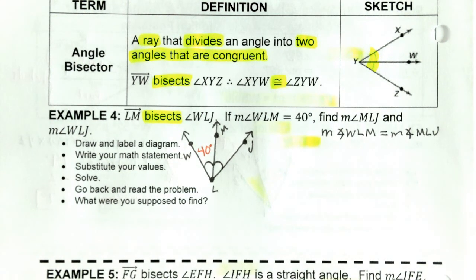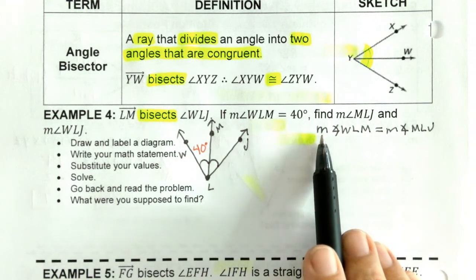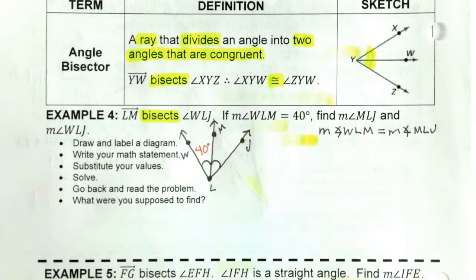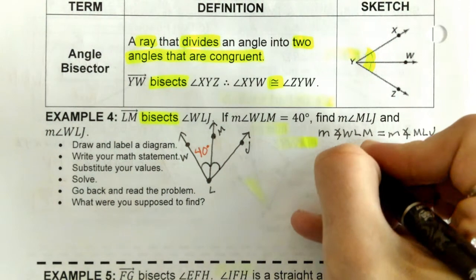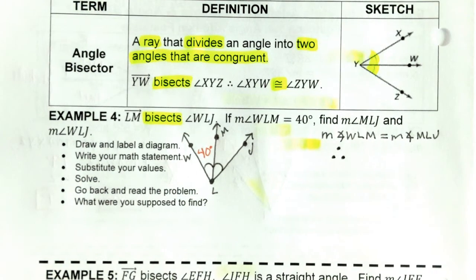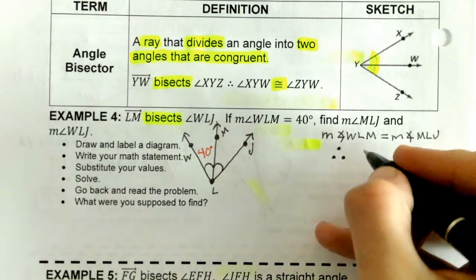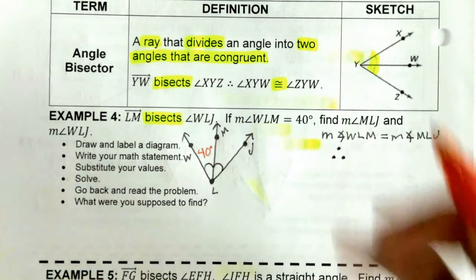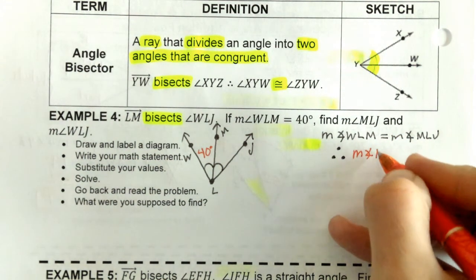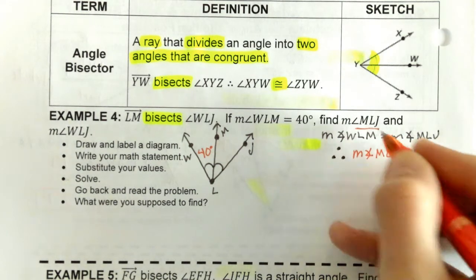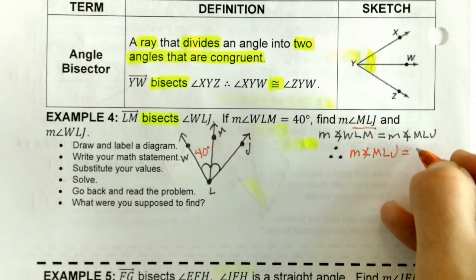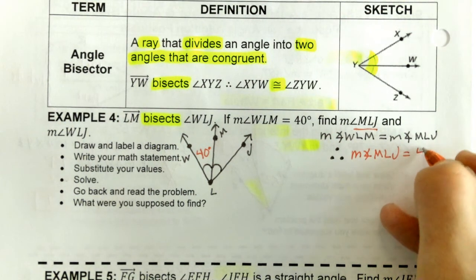Because they're measurements. Measurements are equal. So with that being said, we can do our three little points. Therefore, because of this, we can now conclude that the measurement of angle MLJ, one of those that we want to find right here, is just the part, 40 degrees.